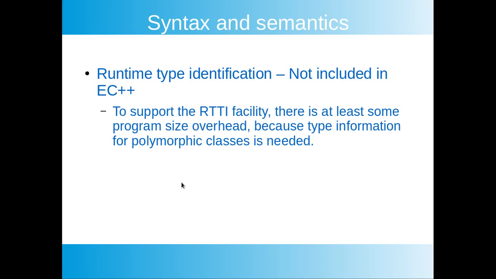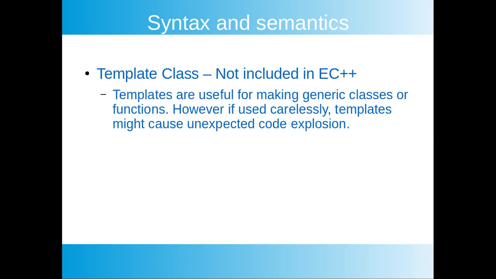Another feature which is removed from embedded C++ is runtime type identification. It is the feature in which the processor obtains the type information of an object during runtime. Then comes the template class, which is also not included in embedded C++.